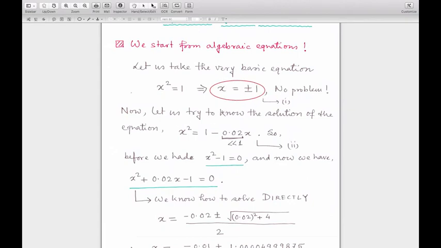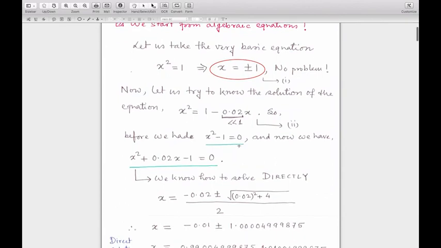Now if we give you another equation, which is x squared is equal to 1 minus 0.02x, this x is multiplied by a coefficient which is very small with respect to 1. So this equation basically deviates from x squared minus 1 is equal to 0 by a very small quantity, and that's why we can think of applying the perturbation method.